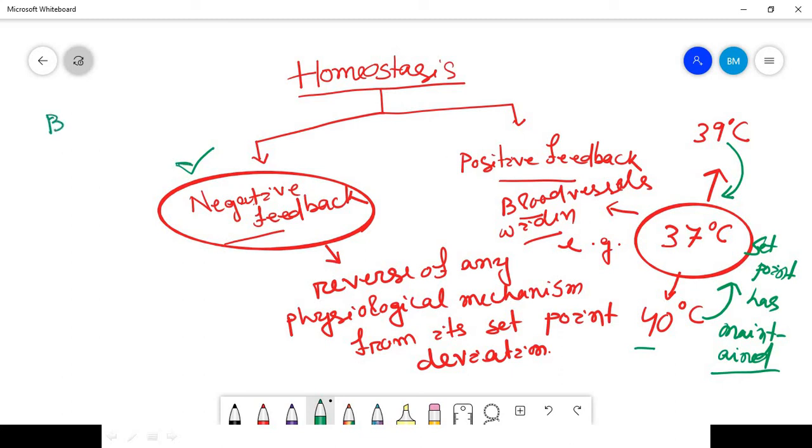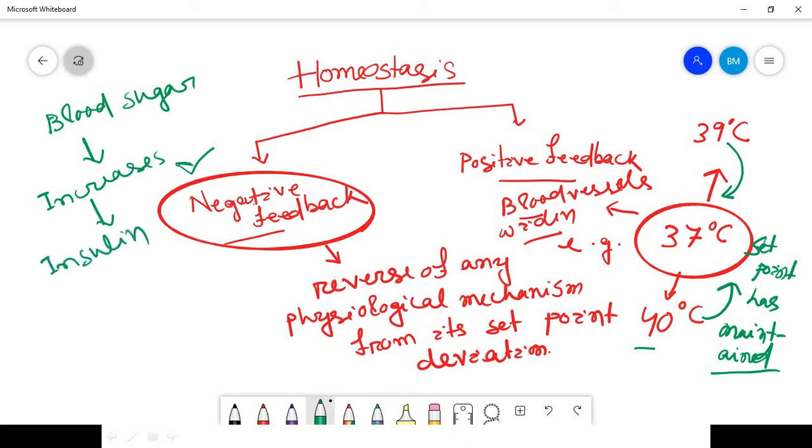Another example is blood sugar. When it increases, insulin secretion increases. The insulin utilizes the excess blood sugar into energy and decreases its level to a normal range.